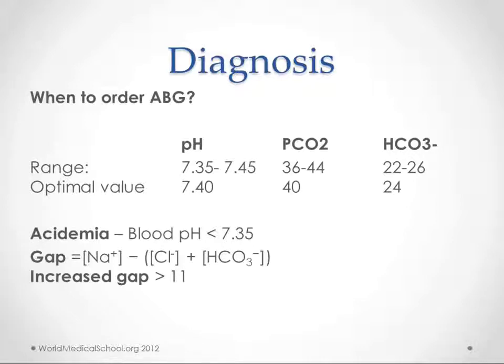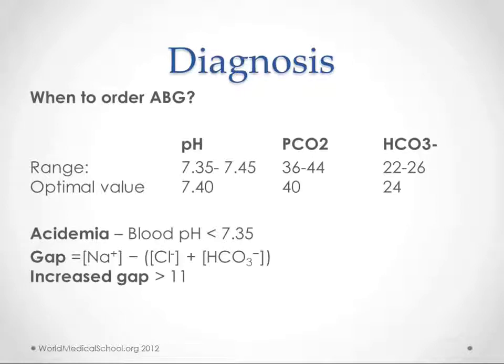But let's talk a little bit more about some of the terms that we use. Acidemia, again, is less than 7.35 blood pH. Gap, or anion gap, is the difference between measured cations and measured anions. So sodium, chloride, and bicarb are the ions that we usually measure. Potassium is sometimes included in this, but most often it's just sodium for the cations.